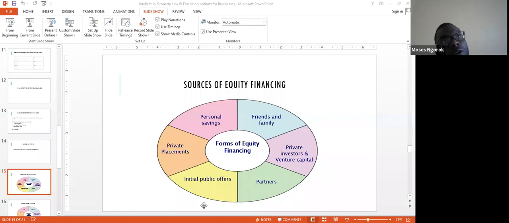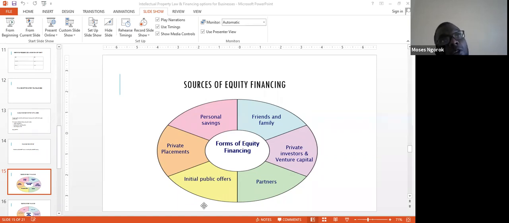Now, an IPO is when a private company seeks investment from members of the public. People are asked to invest in the company. This means that the company is converting from being a private company into a public company.